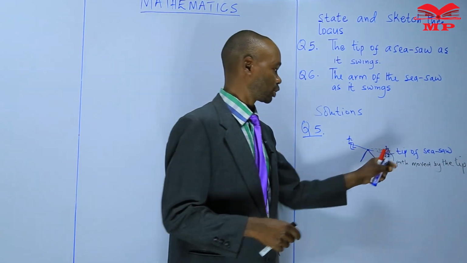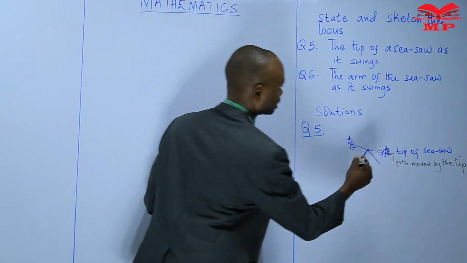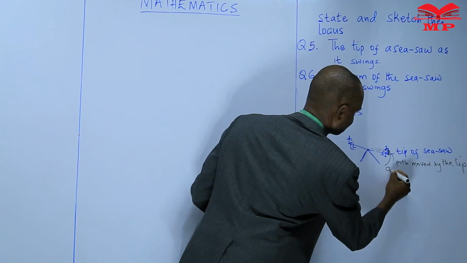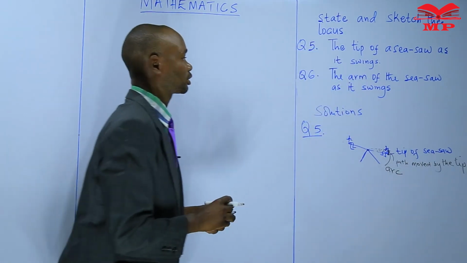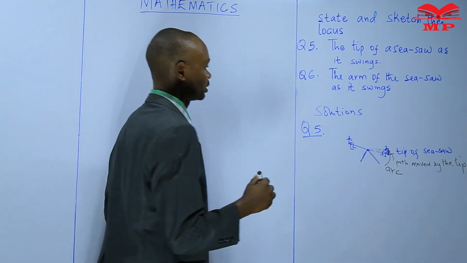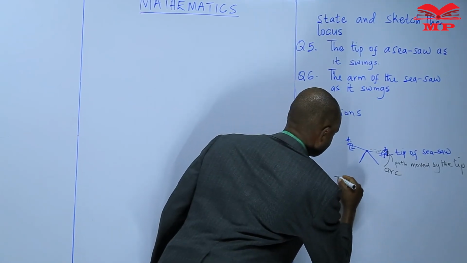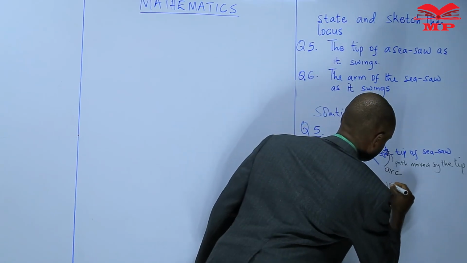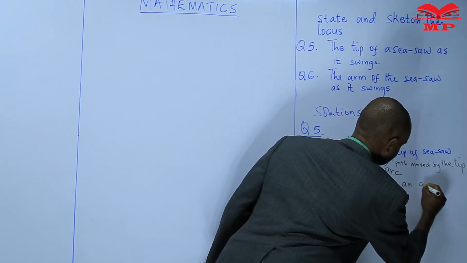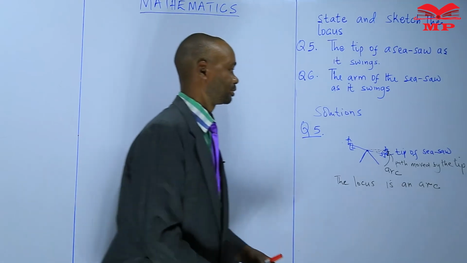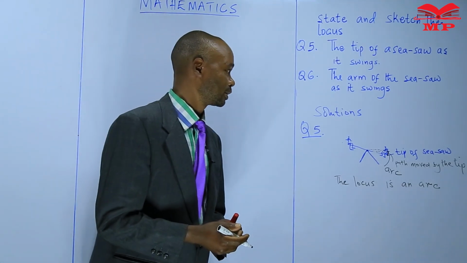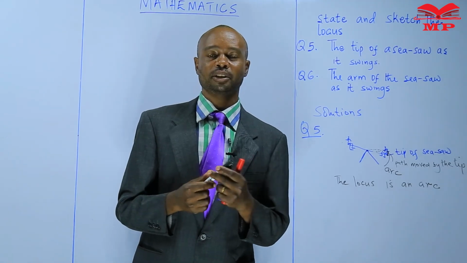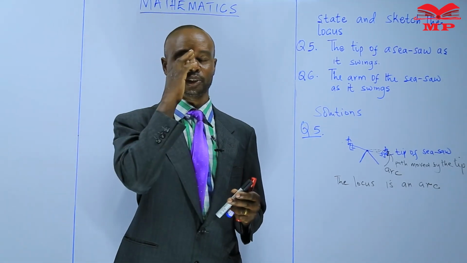So it is a point. If it is a point, it only traces an arc. So when you are told to state, the locus is an arc. The locus of the tip of that seesaw will just be an arc. So be very careful. The tip is just a point.